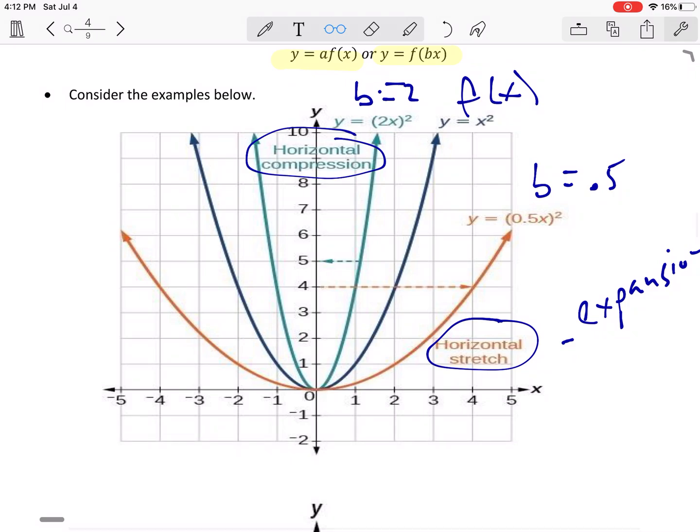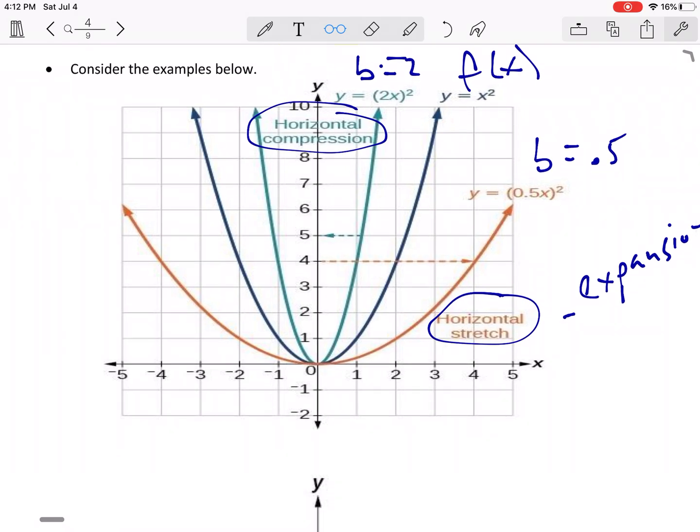With the parabolas here, the x values would consist of all real numbers because it keeps getting more left and more right. The y would be greater than or equal to 0. So it keeps going up, and 0 for y would be your minimum value.